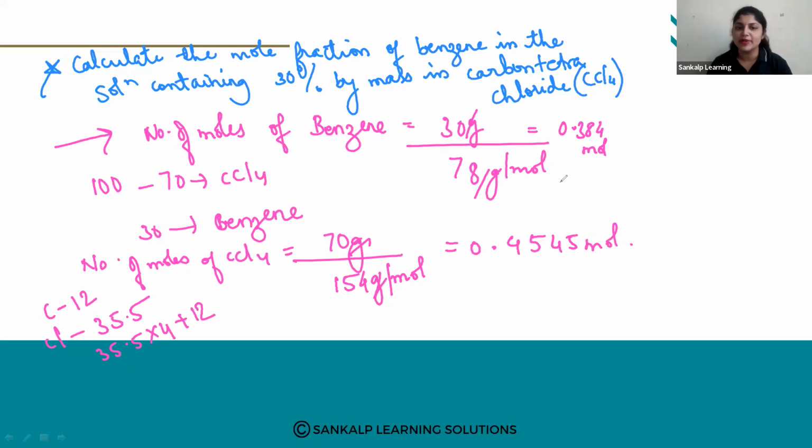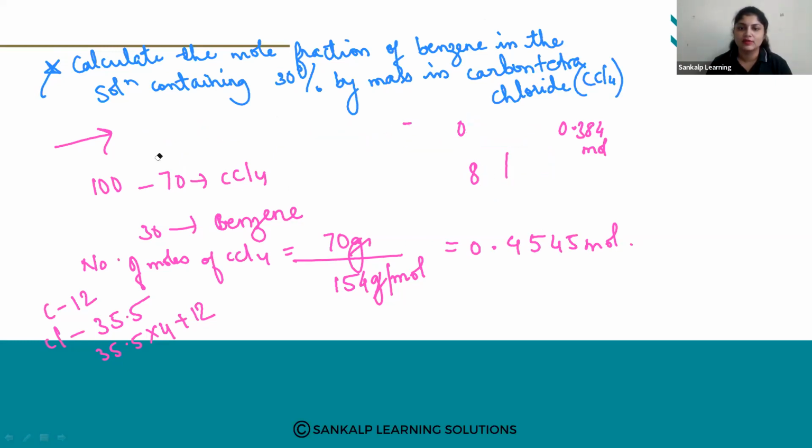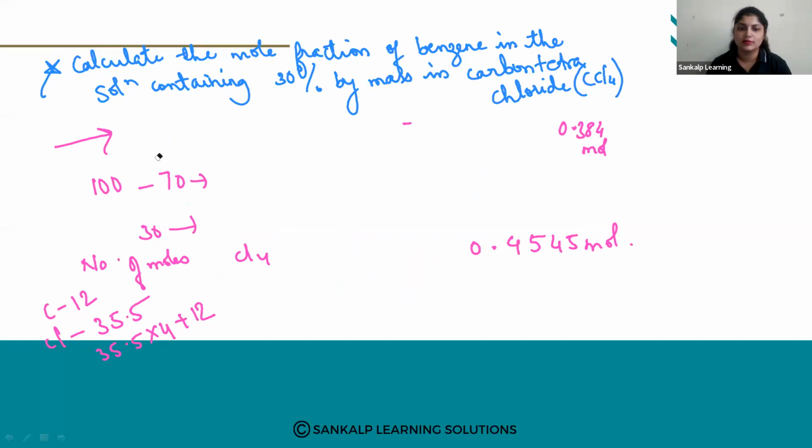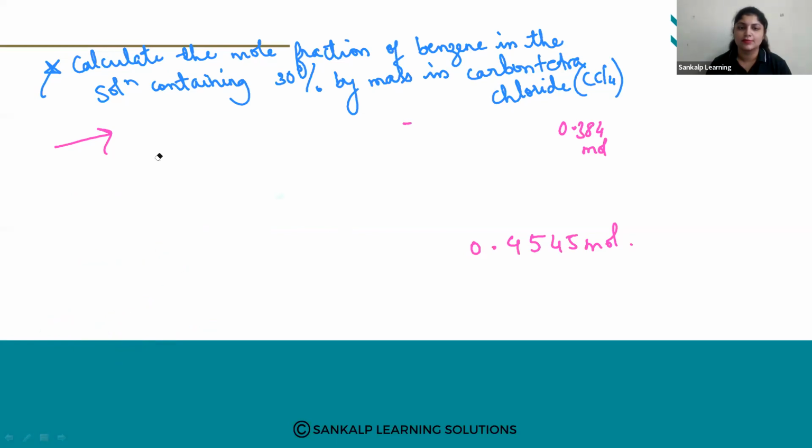So this is the number of moles of benzene and number of moles of carbon tetrachloride. I'll just erase everything and write here. Number of moles of benzene is 0.384 mole.